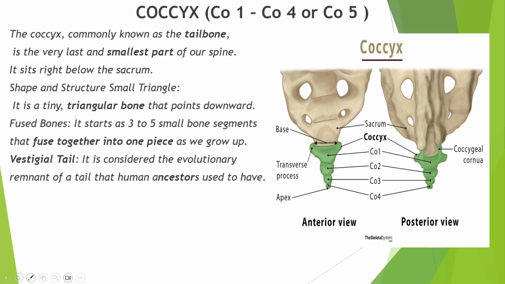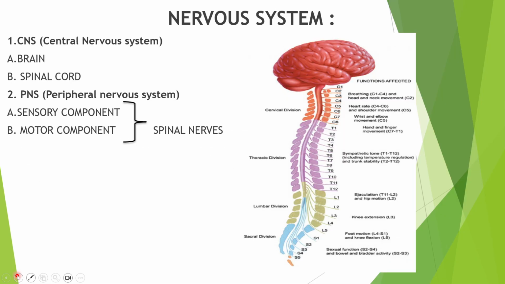So coming to next, that is the nervous system. The nervous system has 3 parts: the central nervous system, the peripheral nervous system, and the autonomic nervous system.